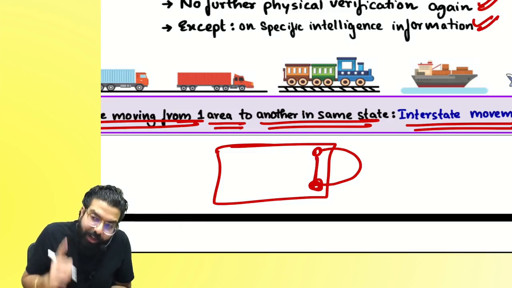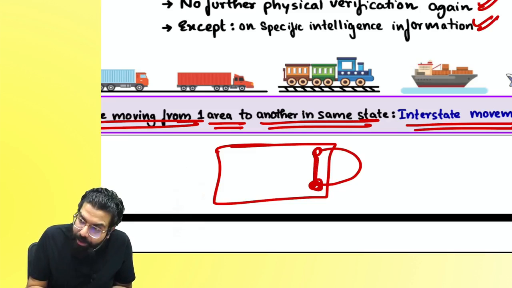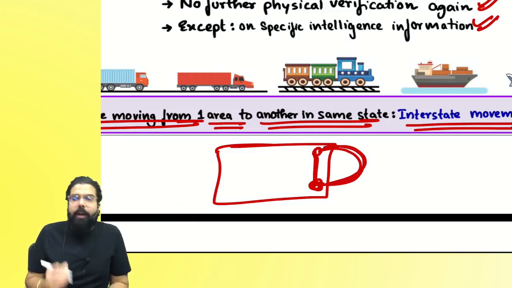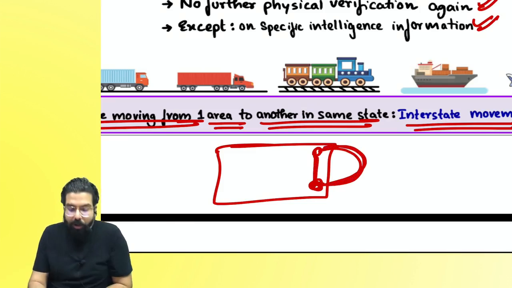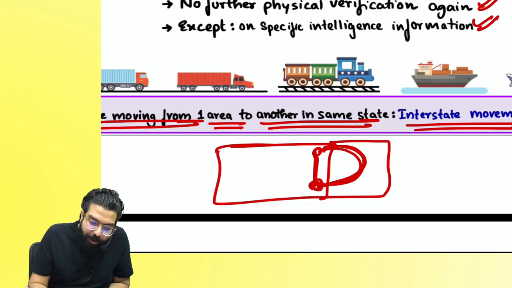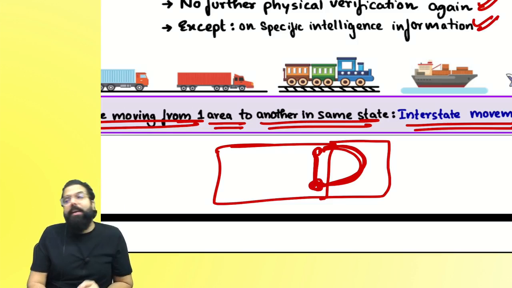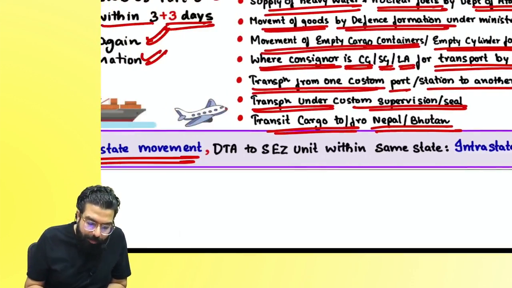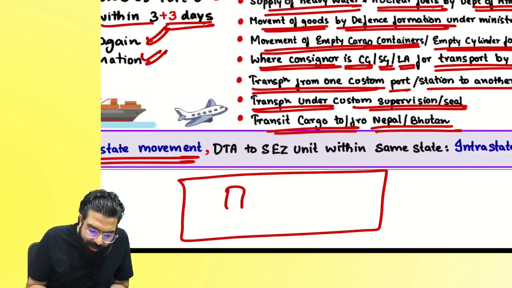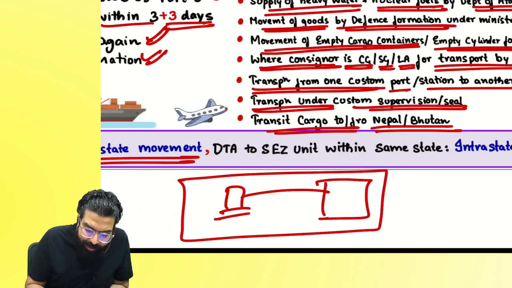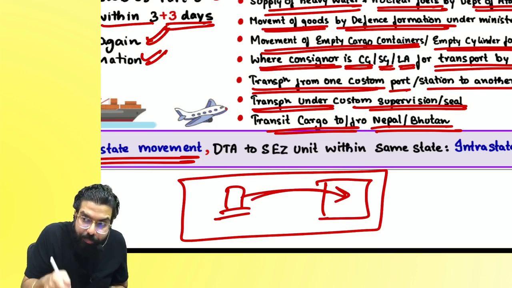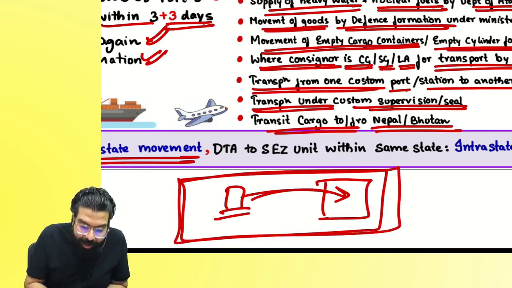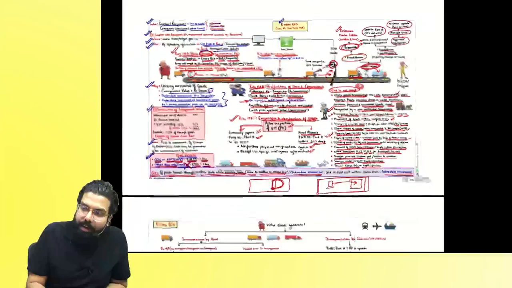It is an intrastate supply, but the movement is interstate movement, because it went to another state. In case of interstate movement, Central GST laws will apply. Now you tell me, say goods are going from the domestic tariff area to an SEZ. It is an interstate supply, but the movement is within the same state, and we call this movement intrastate movement.